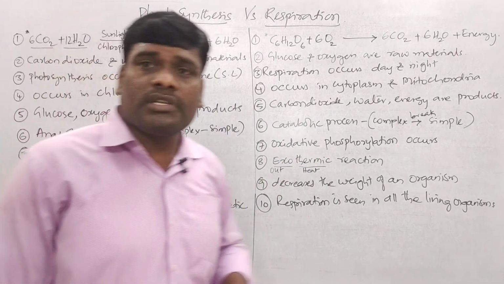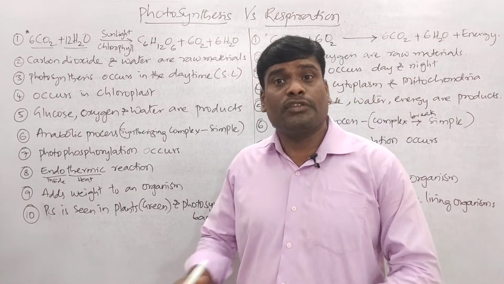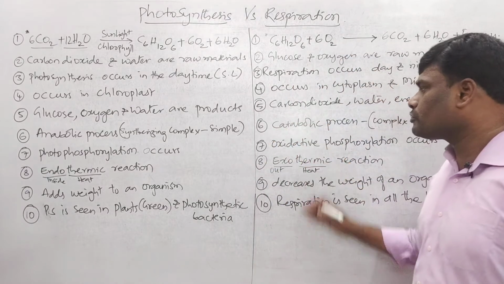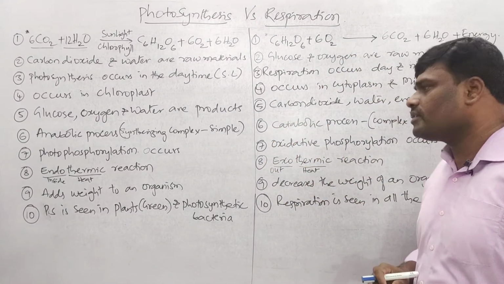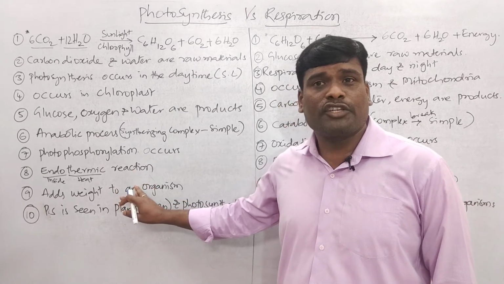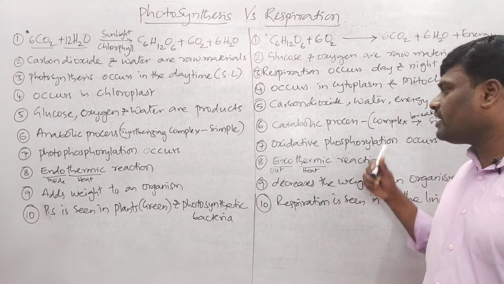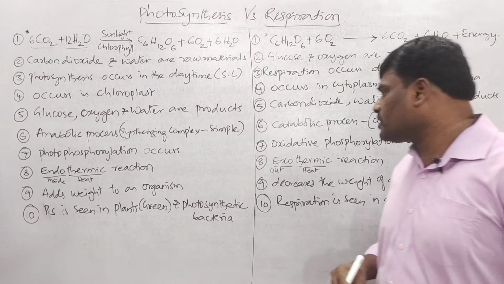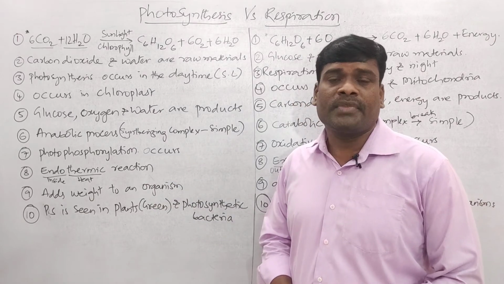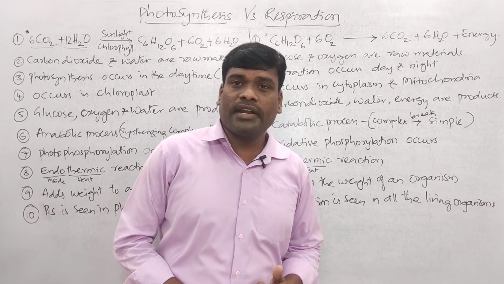In photosynthesis, photophosphorylation is seen, ATPs are produced because of utilization of light, but in respiration, oxidative phosphorylation is seen, children. Photosynthesis is an endothermic reaction because it utilizes heat and sunlight, whereas respiration is an exothermic reaction. Photosynthesis adds weight to an organism, and the respiration process decreases the weight of an organism.